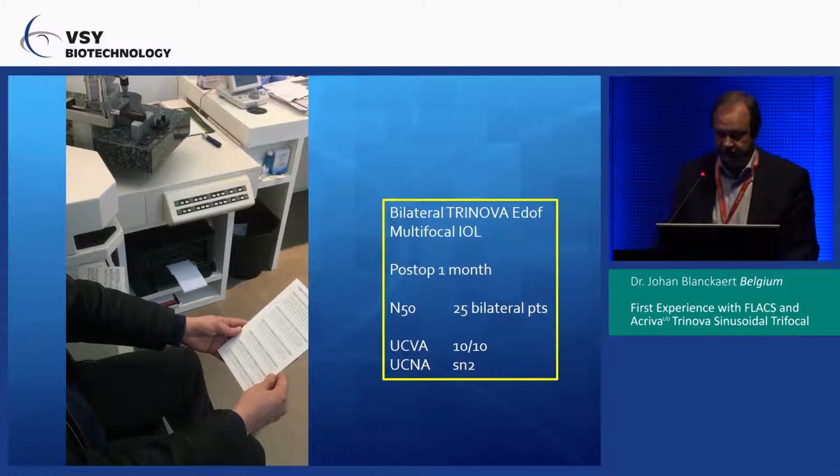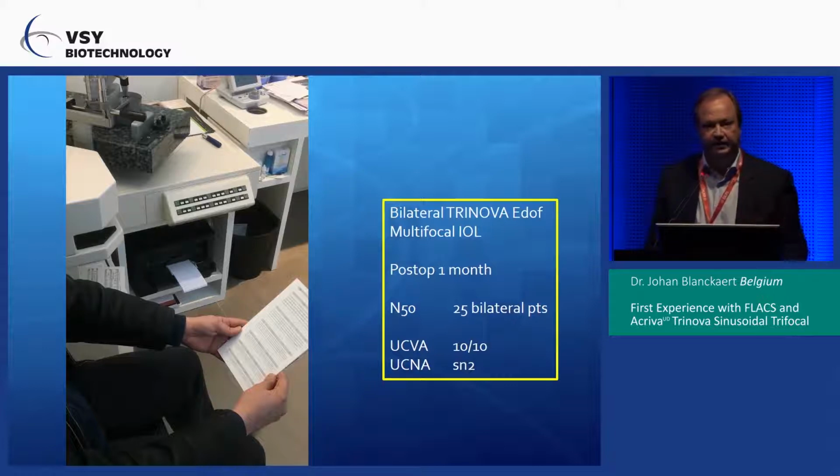Most of my patients say that their arms are too short and that they can see quite up to 80 centimeters of intermediate. So the seamless continuous vision is proof of concept and has been proven in patients. I did 25 bilateral patients, and my uncorrected visual acuity was 10/10 and Snellen 2 for the near vision.